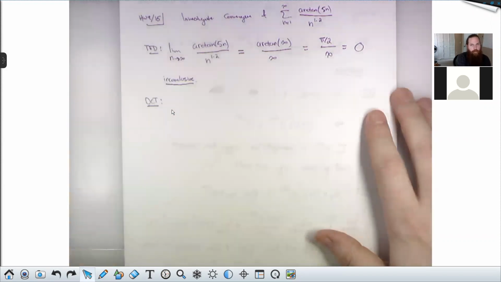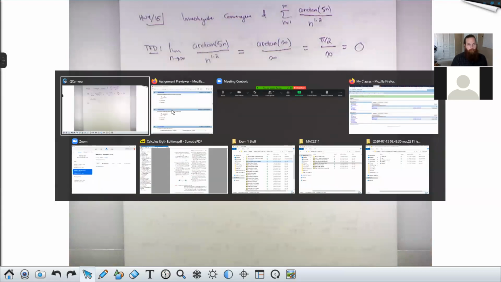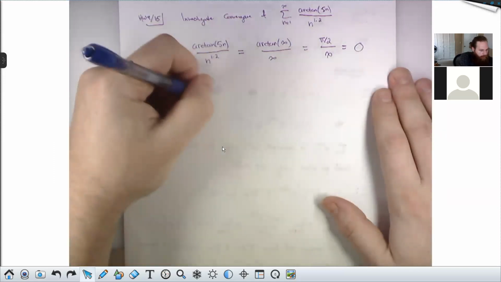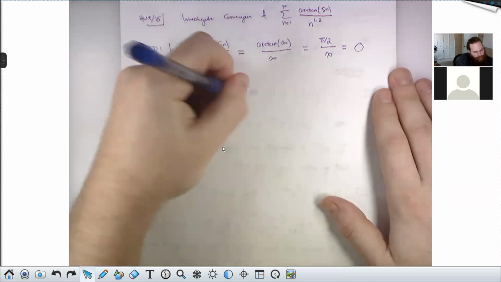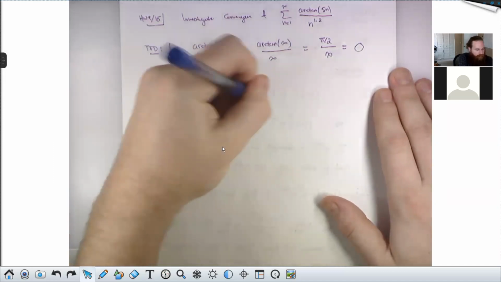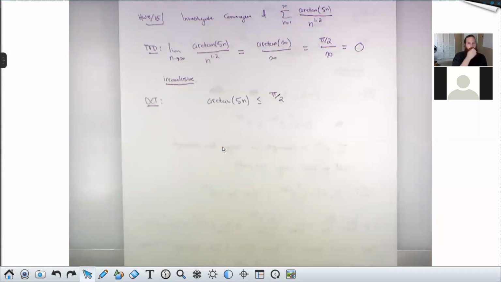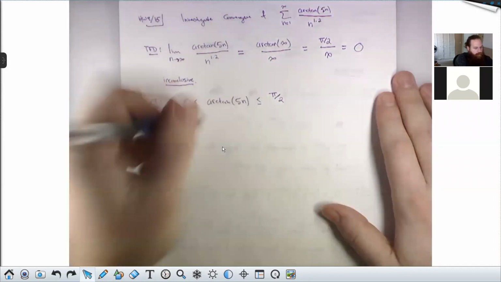Remember, arctan is an increasing function. So arctan of 5n is always less than or equal to pi over 2. Arctan of anything is always less than pi over 2. And as long as n is positive, arctan of n is positive.